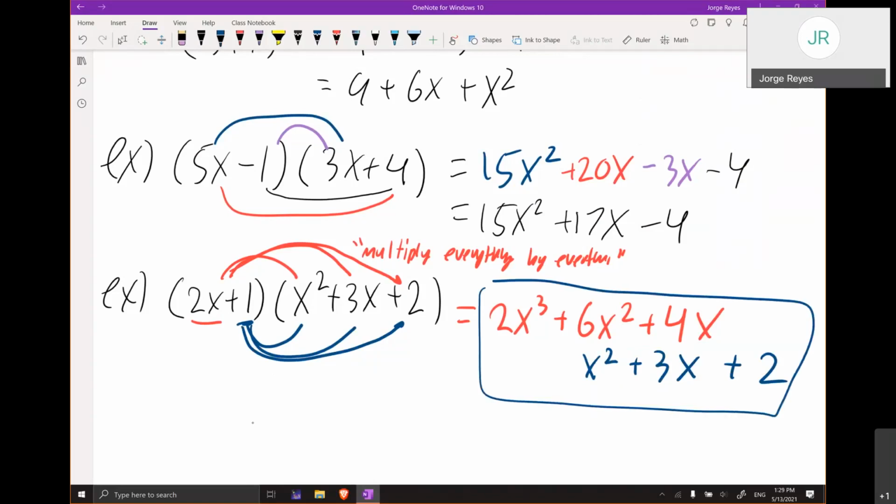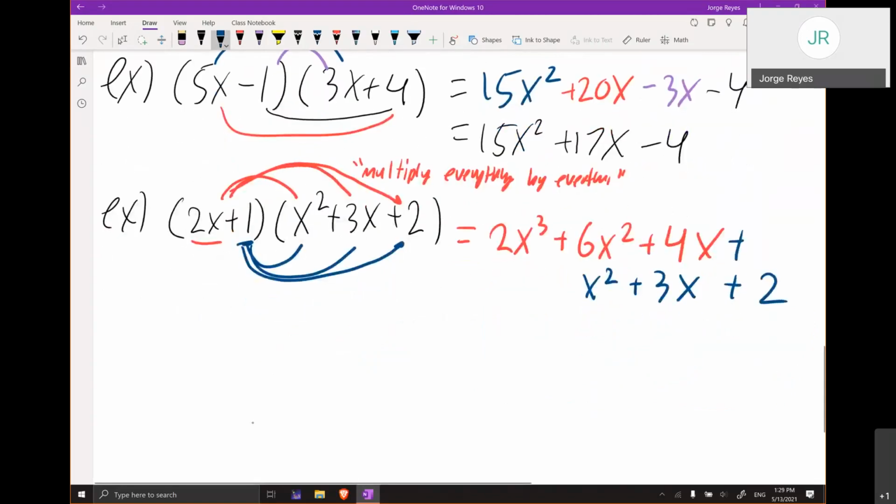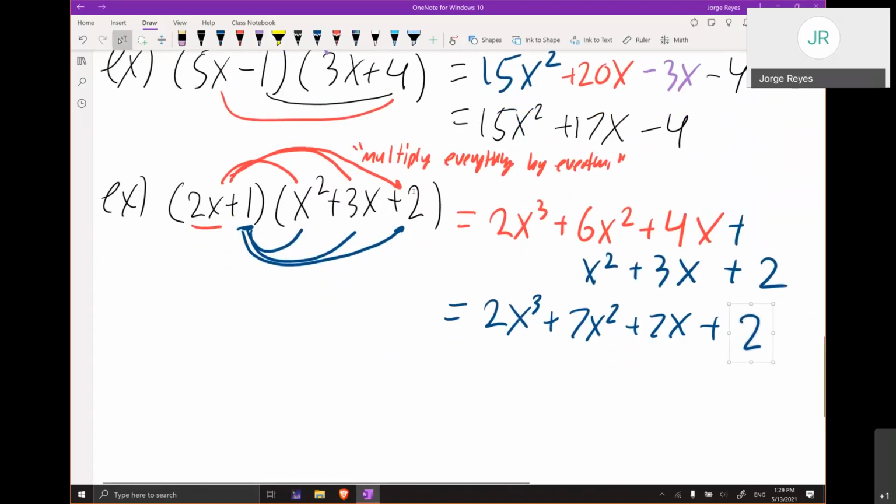Like I stacked them like this because then, technically there's a plus here. So you have to combine them. So the answer is 2x cubed plus 7x squared plus 7x. Oh, that's a funny coincidence. Plus 2. And that's the answer. You probably won't be doing this a lot, if I'm being honest.